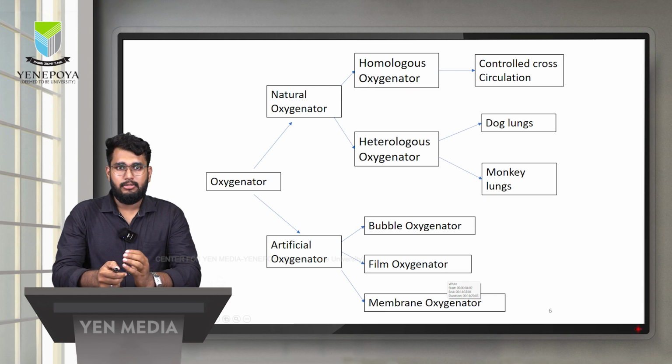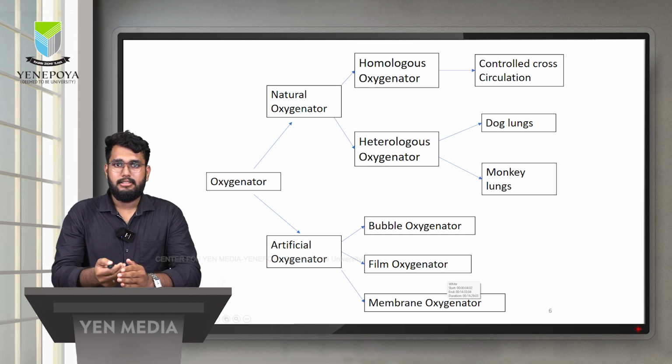So there are two types of oxygenator actually, artificial oxygenator and natural oxygenator. Under natural oxygenator, we can characterize them as homologous oxygenators and heterologous oxygenators. Homologous oxygenator means we are oxygenating the venous blood from within the same species, that is, from within a human or other human's body.